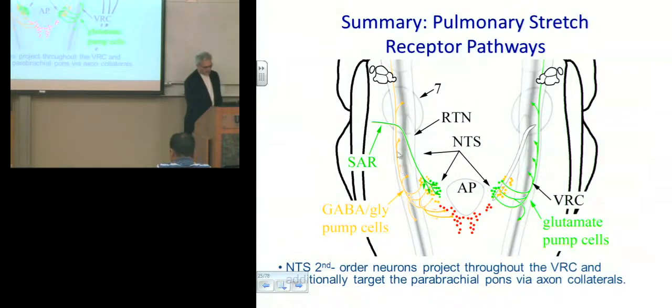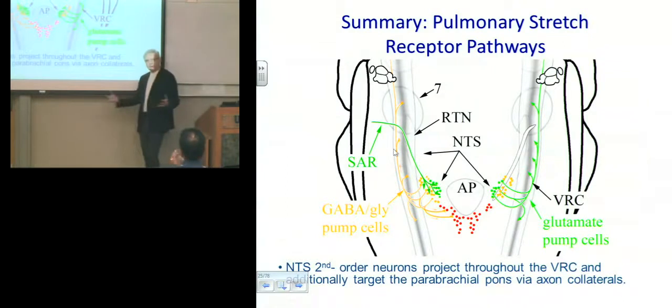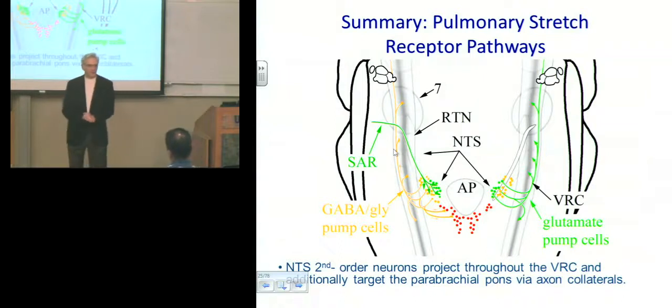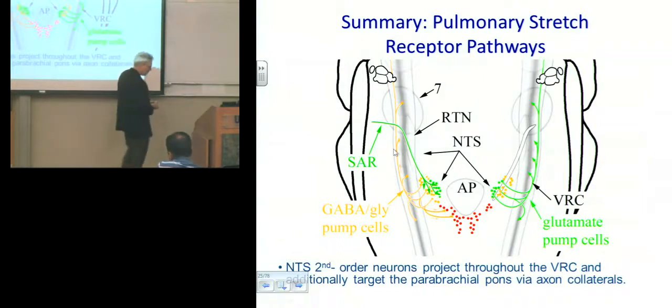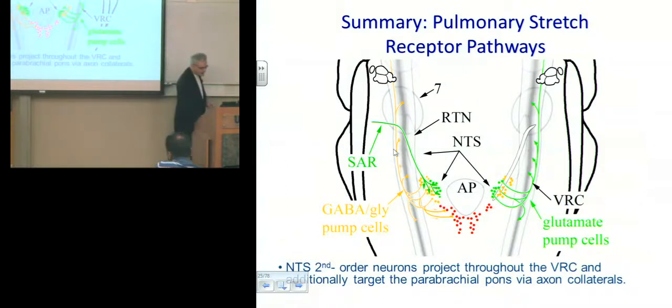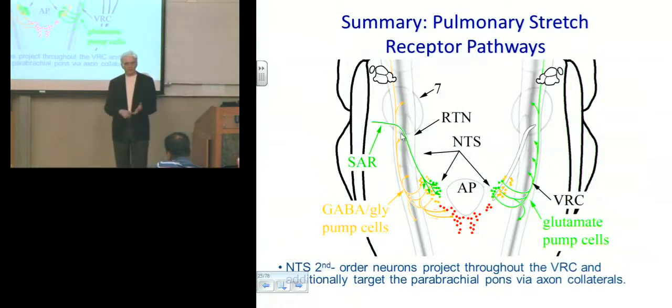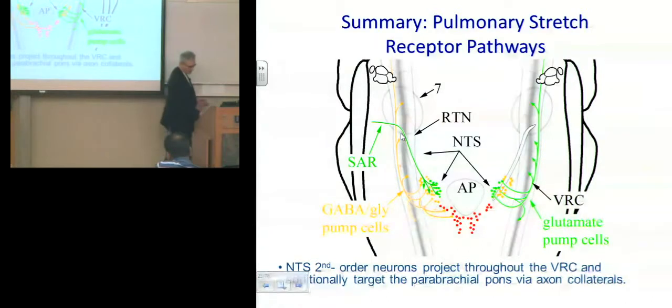The interesting aspect here is that the inhibitory pump cells project throughout the entire ventral respiratory column and on up to the pontine respiratory group. So they provide an inhibitory input to each subcompartment of the ventral respiratory column. The pre-Bötzinger complex, the Bötzinger, rostral, and caudal VRG all receive strong inhibitory input.